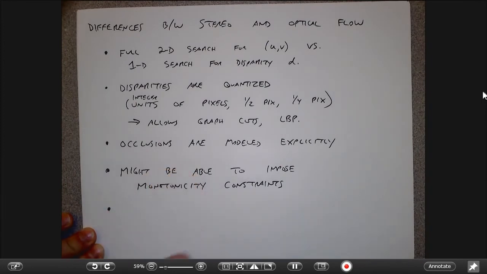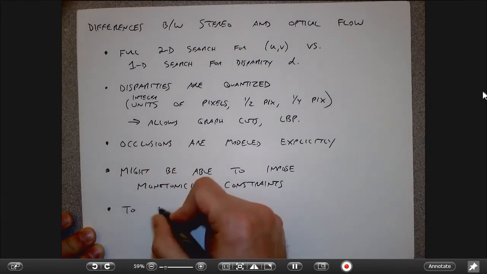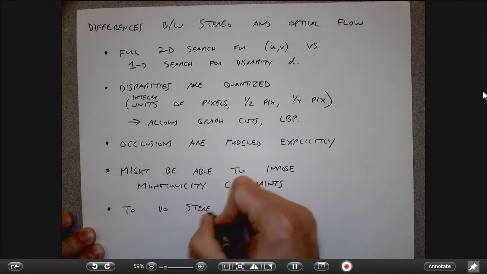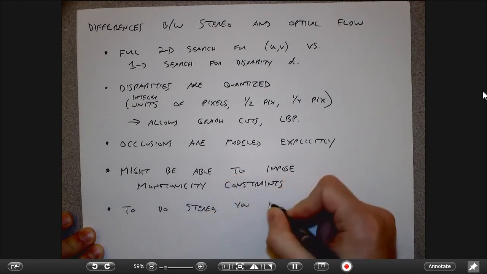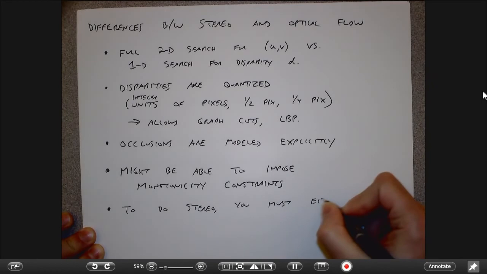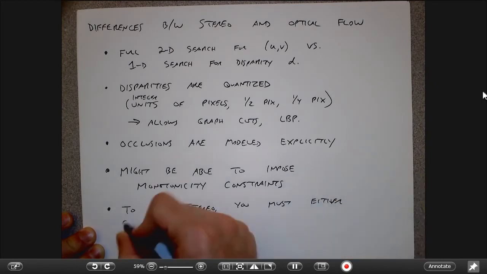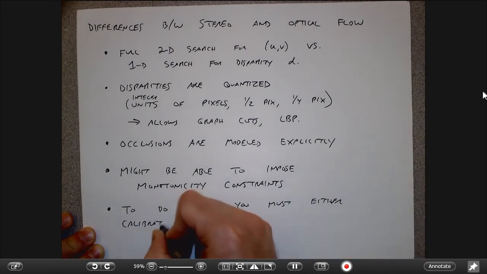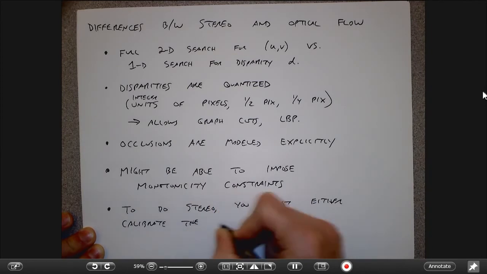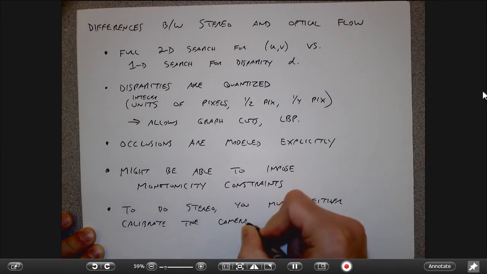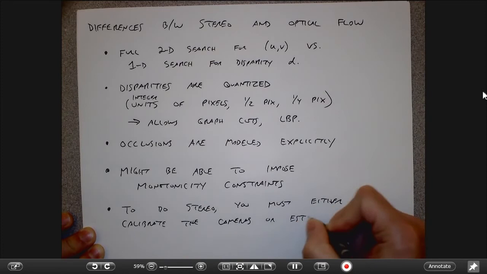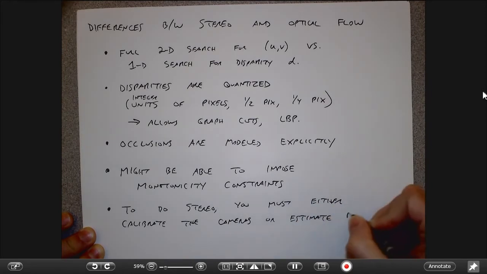The other thing is that, to do stereo, you must either calibrate the cameras or estimate epipolar lines.